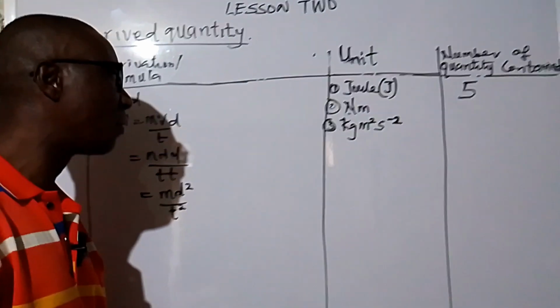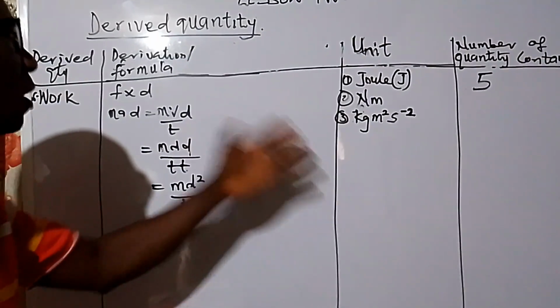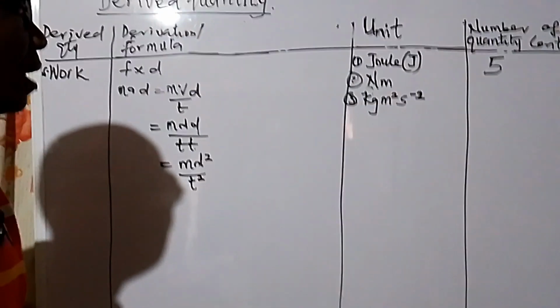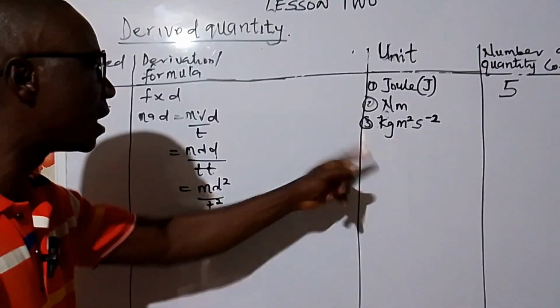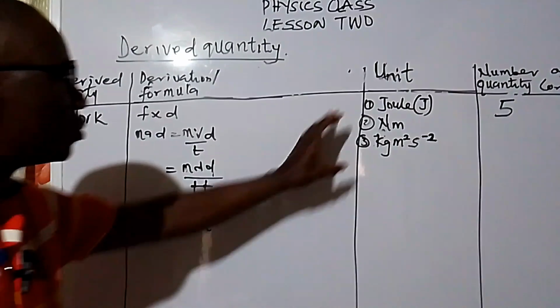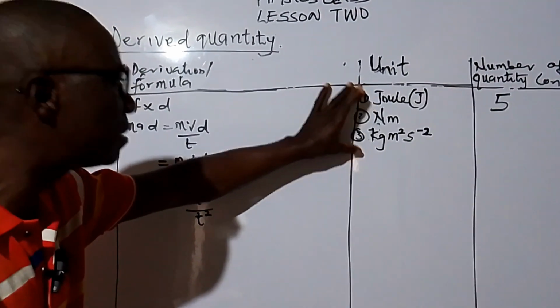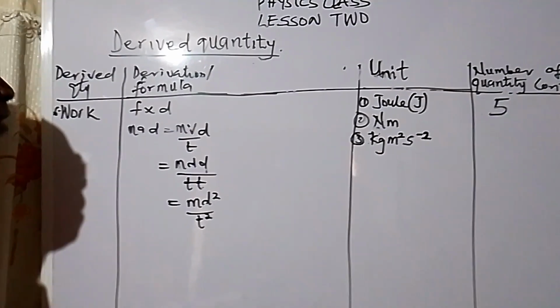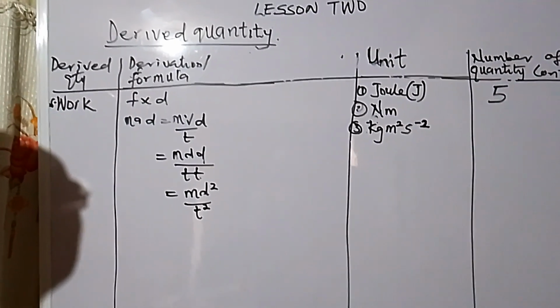For instance, if the question says all the following are units of work except, it will give you one wrong answer, as I said in the last lesson, and you should be able to identify these 3 units of work correctly so you know the one which will be the wrong answer.